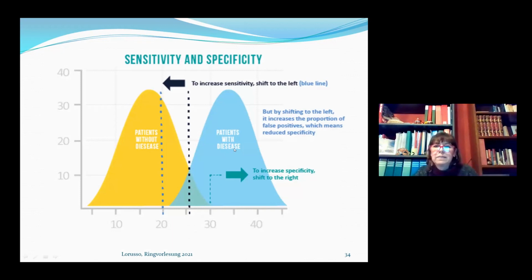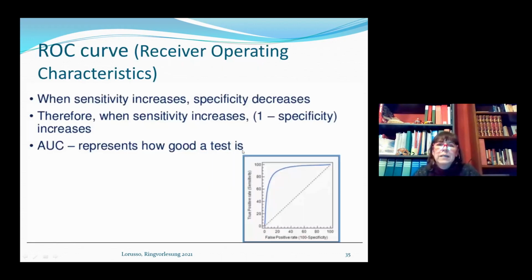Sensitivity and specificity have a complementary relationship to each other. So meaning that when you try to increase sensitivity, you inevitably decrease specificity, and vice versa.